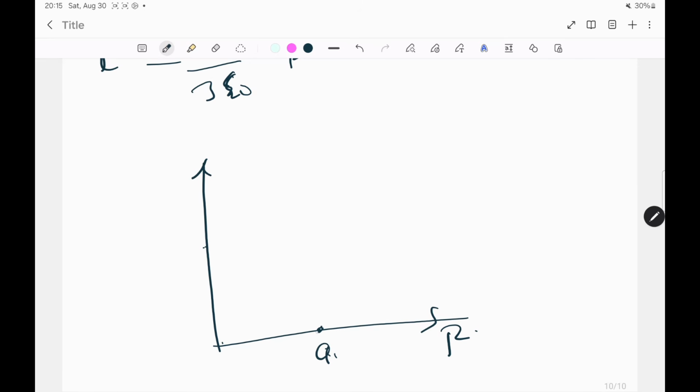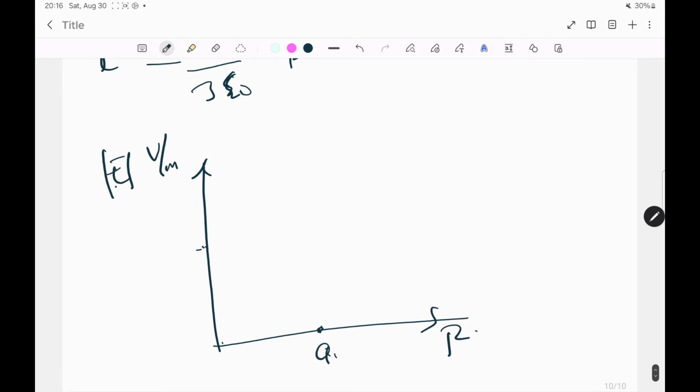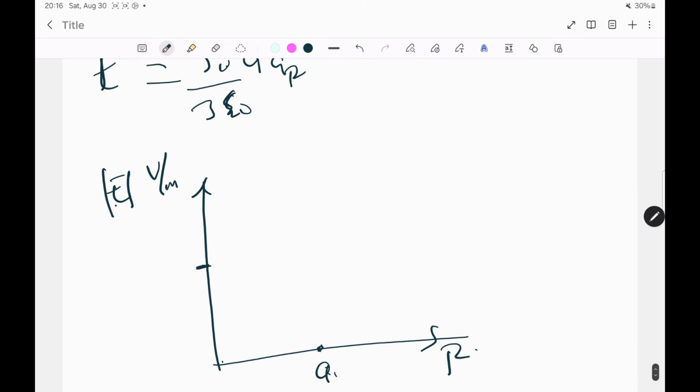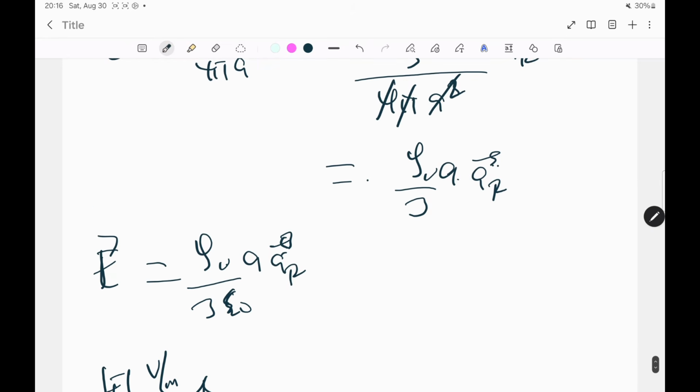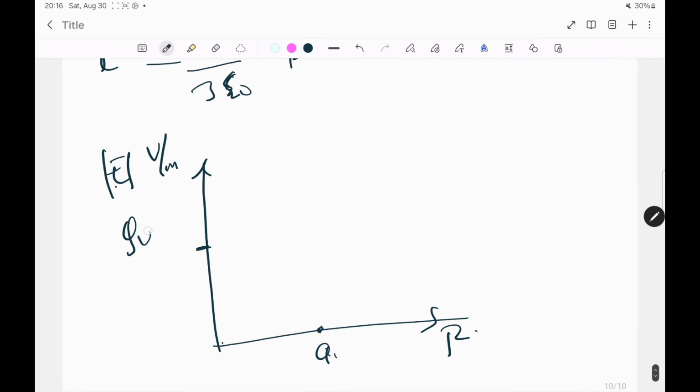You can see that when R is equal to A, we can put here the magnitude of the electric field intensity. Then when R is equal to A, what do we get? The magnitude here will be this.